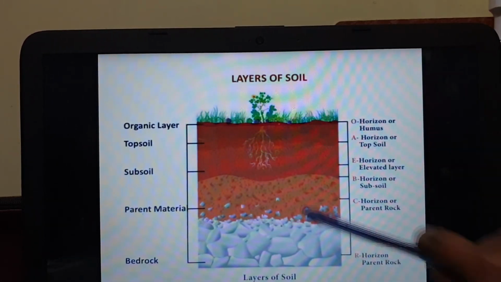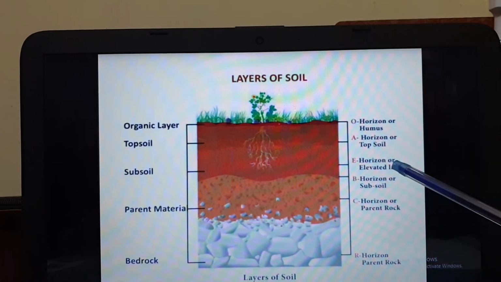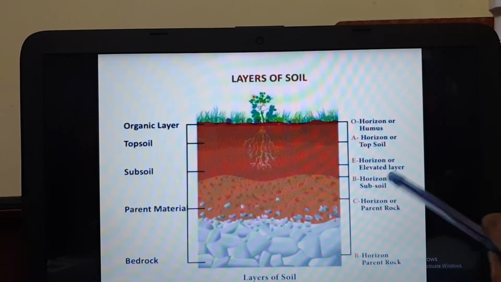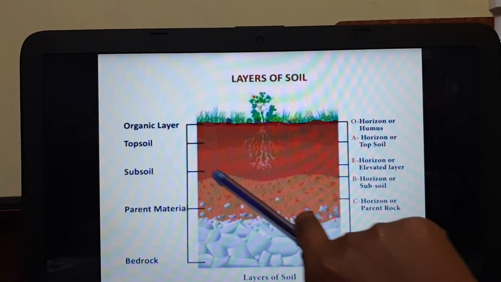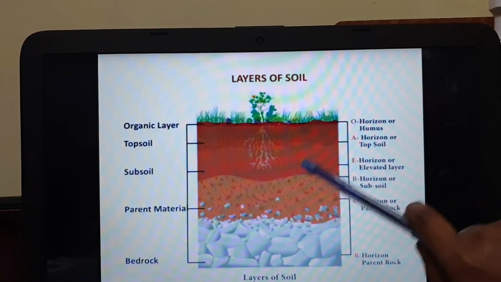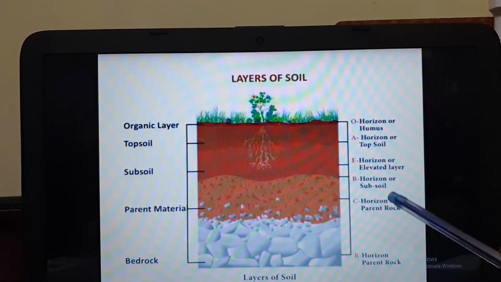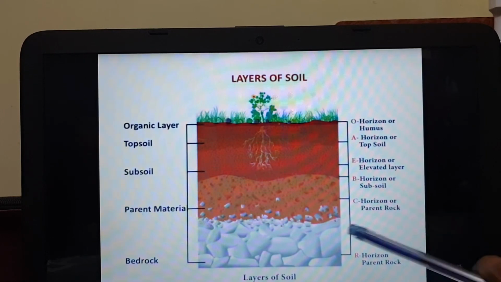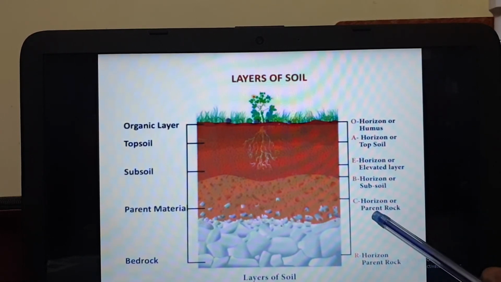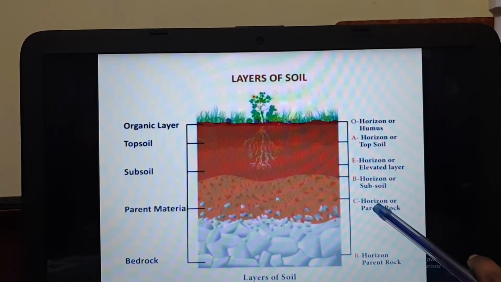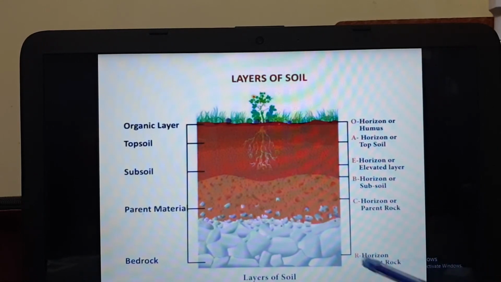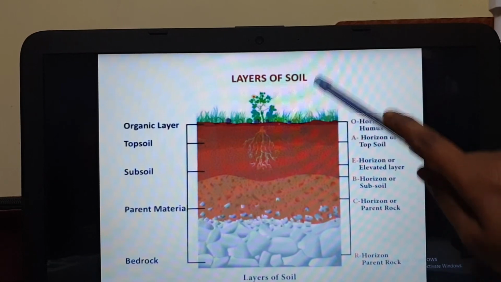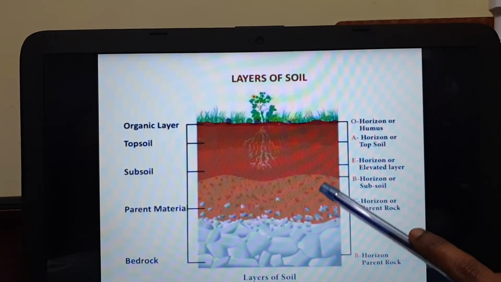This is vertical and this is horizontal. Horizon E, or elevated layer. So here the layers are elevated, it comes ups and downs, isn't it? Next, horizon B, or subsoil, in this place. And horizon C, parent rock, and here horizon R, parent rock. So these are the layers of the soil.